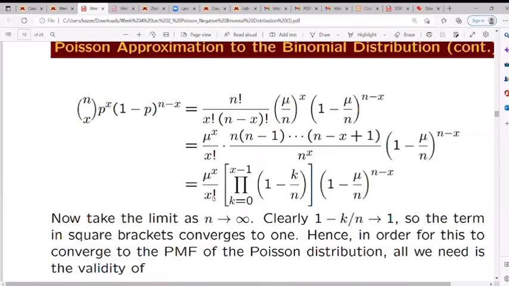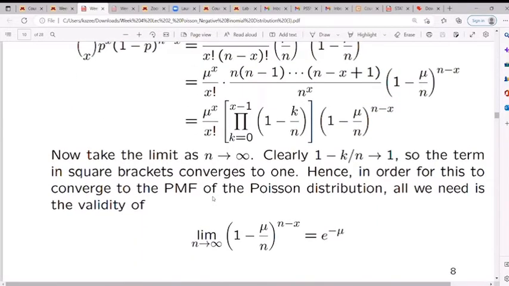And you know what? The n factorial here is actually going to be n, n minus 1, n minus 2, n minus 3, up to the last part of that. If you try to simplify what we have now, we're going to end up in the Poisson distribution.